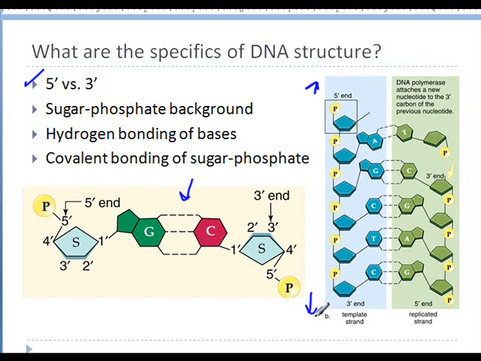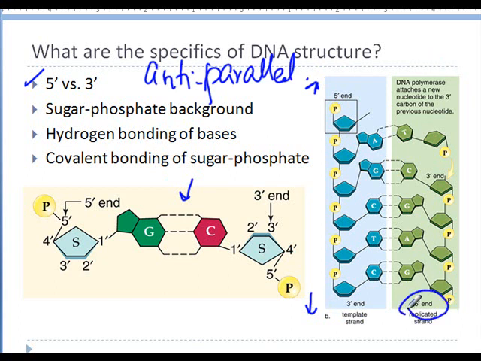The strands are actually running anti-parallel, with complementary base pairing. So what it means is that one strand would have 5 prime on one end and 3 prime on the other. The other strand would be anti-parallel, which would be 3 prime on this end and 5 prime on this end.